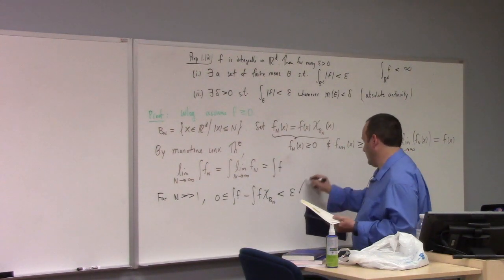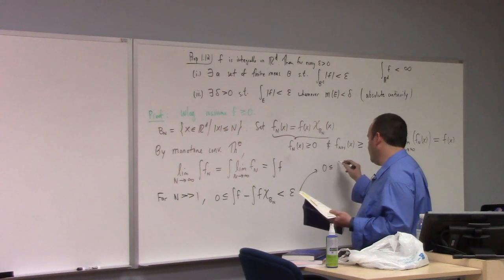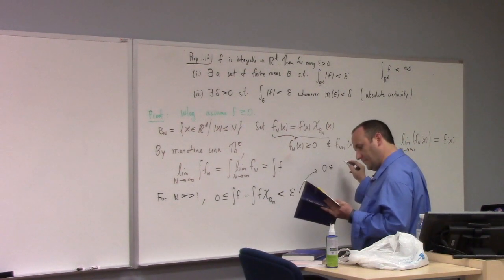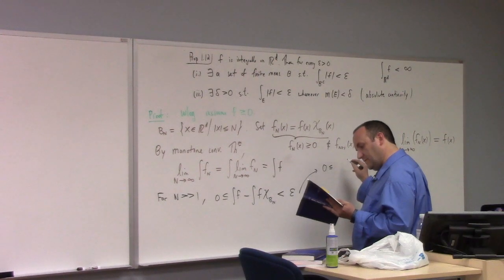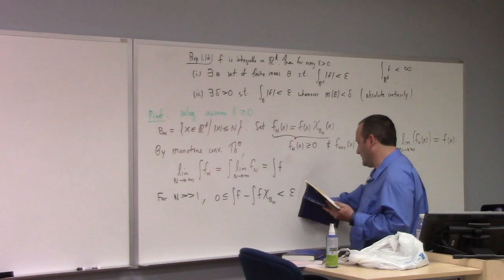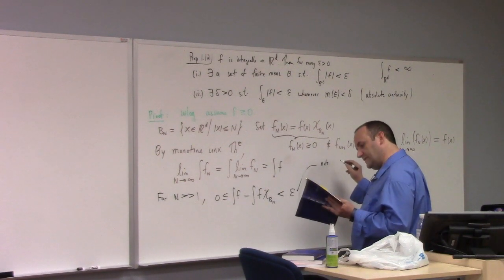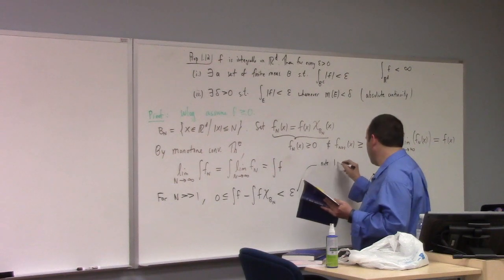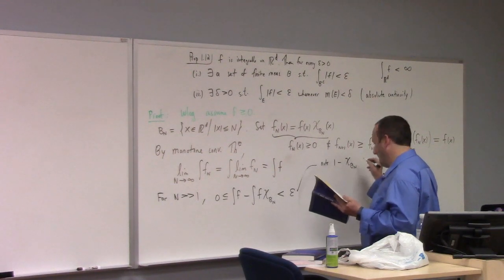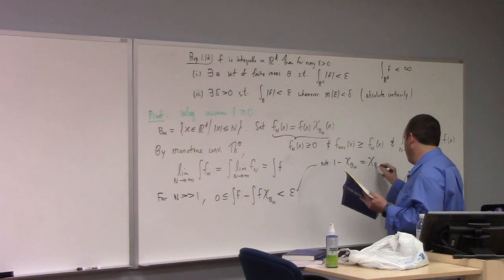But then this says that 0 is less than... how does he go from here? His next comment is, note that 1 minus chi Bn is equal to, this is sneaky, chi Bn complement.